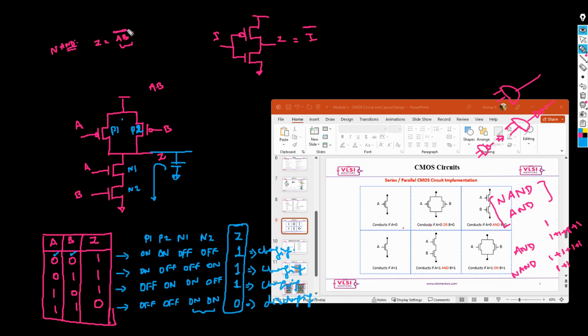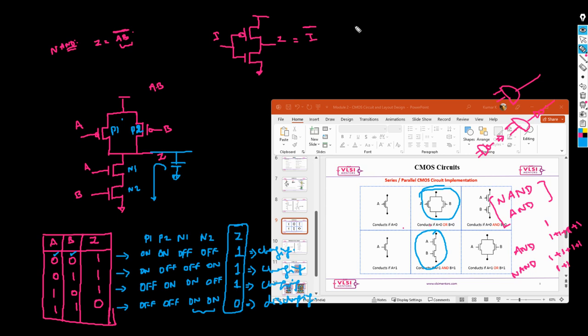When you have a bar, leave the bar as it is, take the equation AB and draw the circuit in series for NMOS. The PMOS side becomes parallel. Now you have drawn that and you're done, because CMOS is basically inverting in nature.